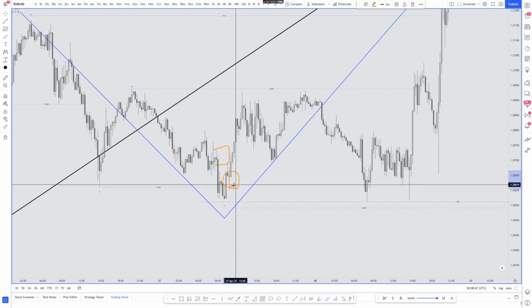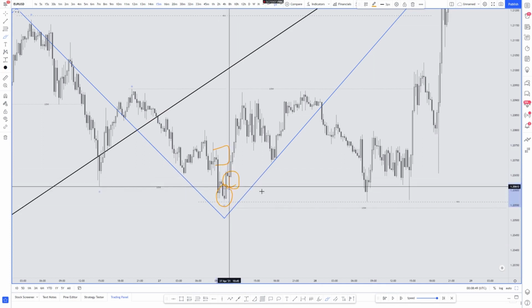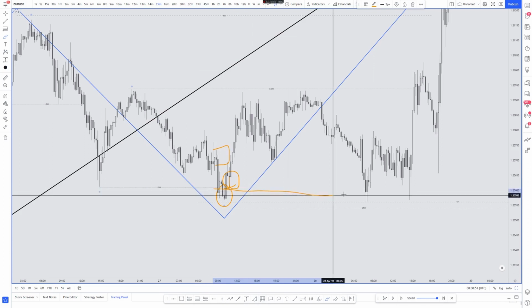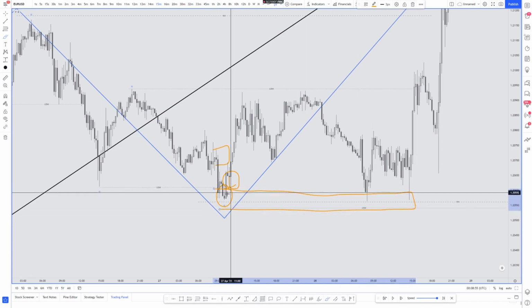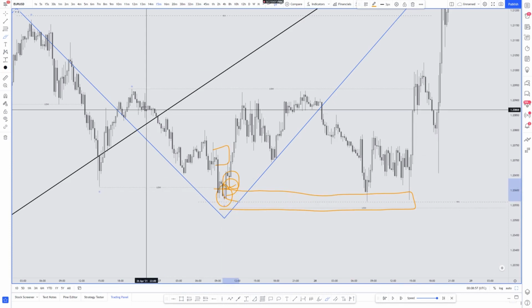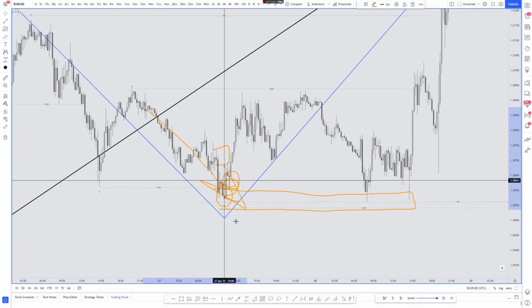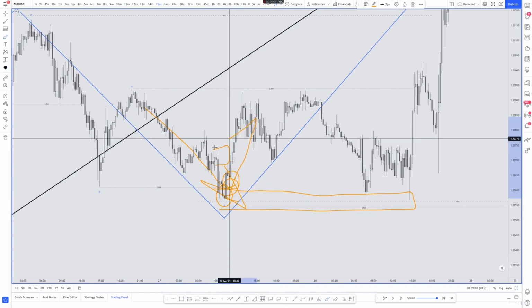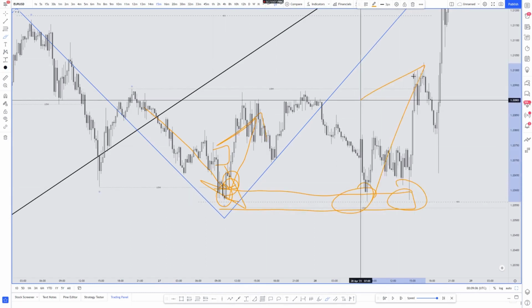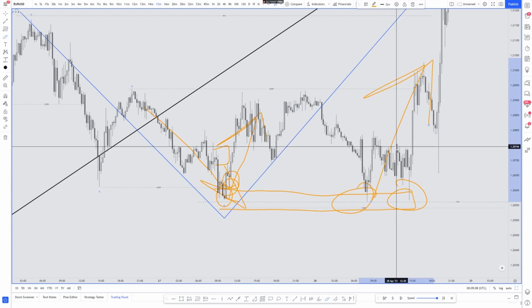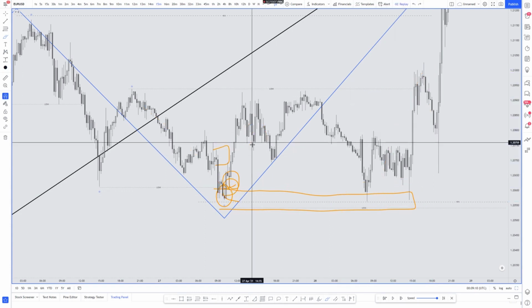One would be this wick, the second would be the doji below. As you can see, they came back and retested the area that caused the flip. The flip is basically where the bears lost momentum, the bulls took over, and ultimately we'd be looking in these areas to take it back on up as we're trying to realign with higher time frame trend again.